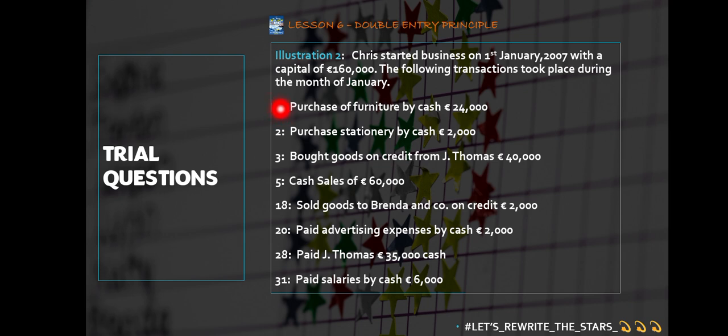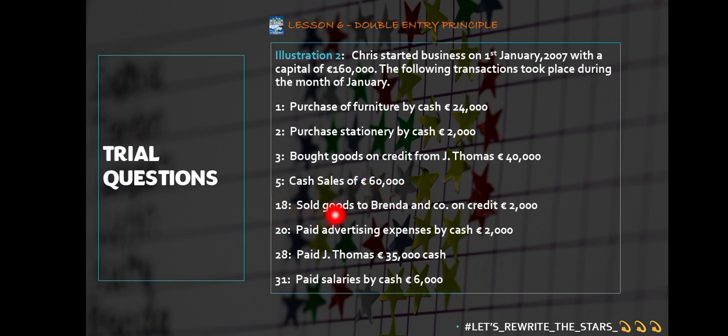So on 1st January, purchases of furniture by cash, 24,000 euros. On 2nd, purchases of stationery by cash, 2,000 euros. On 3rd, bought goods on credit from J. Thomas, 40,000 euros. And then on the 5th, cash sales of 60,000 euros.